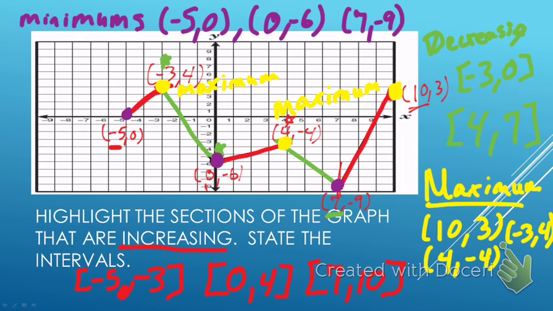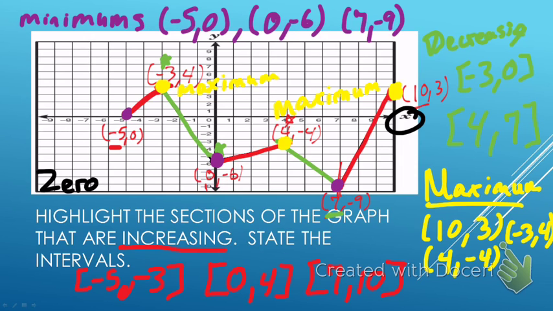Okay, so we're getting very close to being done analyzing this graph for all the same pieces of information. The next item is what we have called a 0. We said a 0 was an x-intercept. When I'm looking at the graph, I see that we have 3 x-intercepts. So when we're talking about an x-intercept, we're talking about where the graph crosses the x-axis.